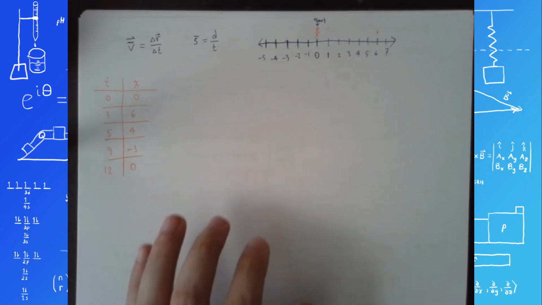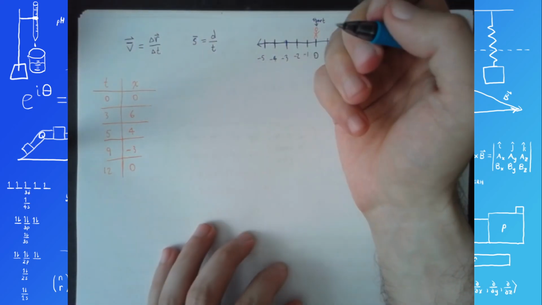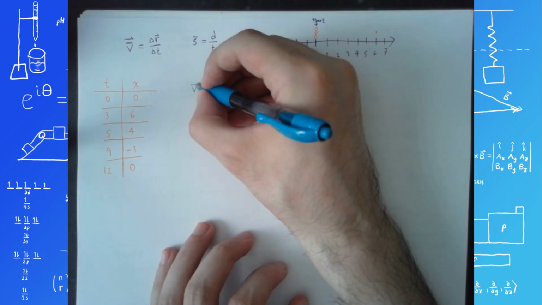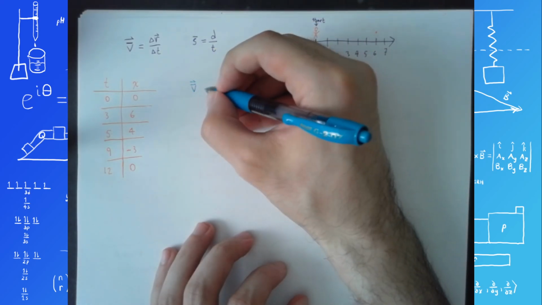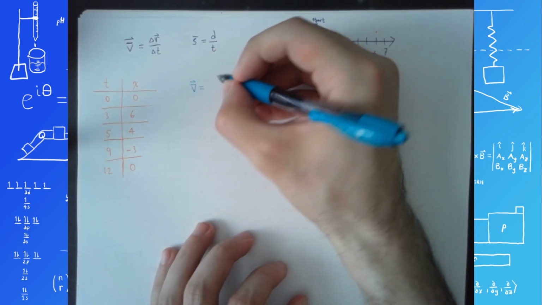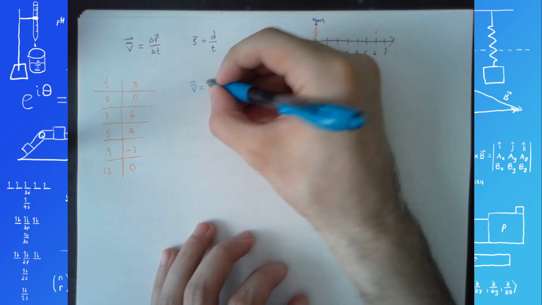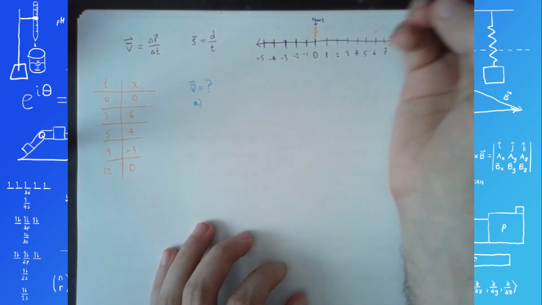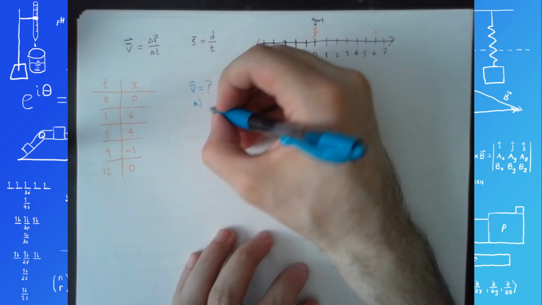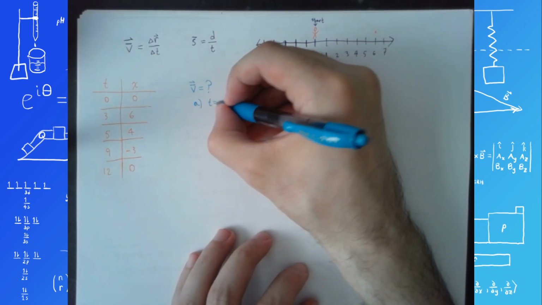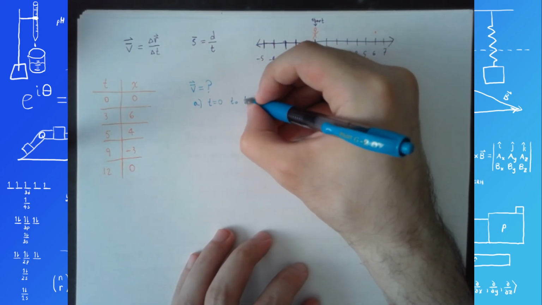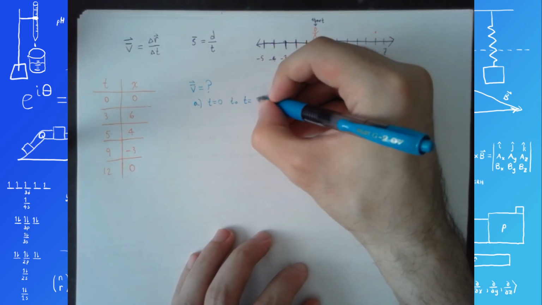So let's ask this question first. What is average velocity for part A from t equals 0 to, let's say, t equals 5.